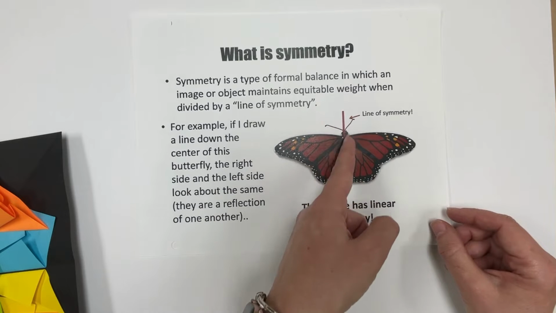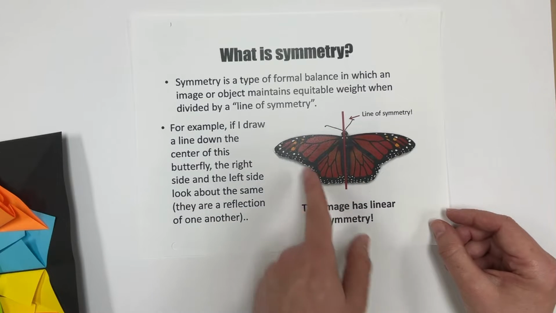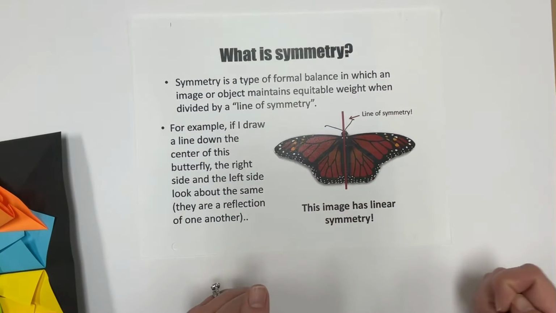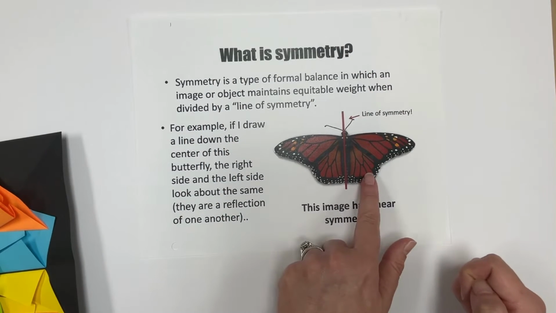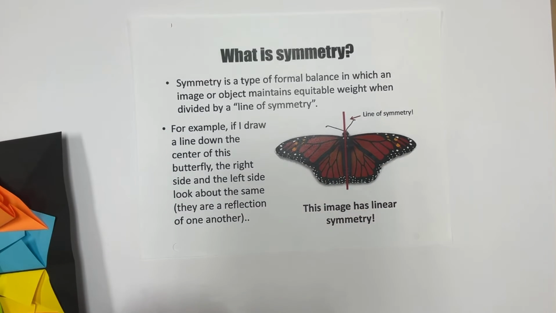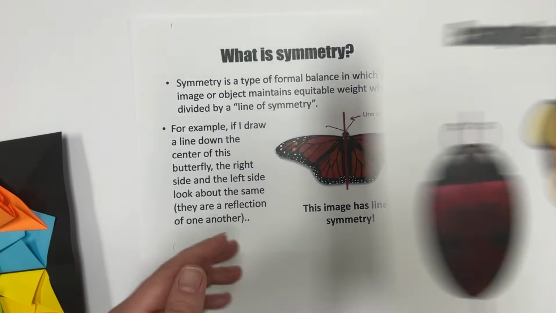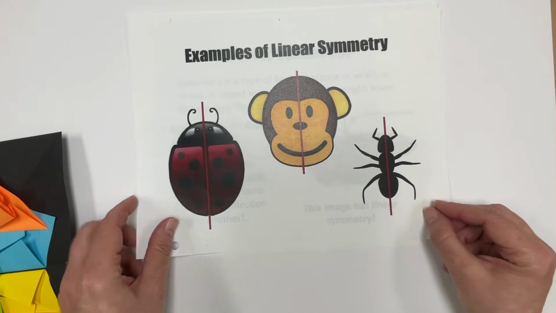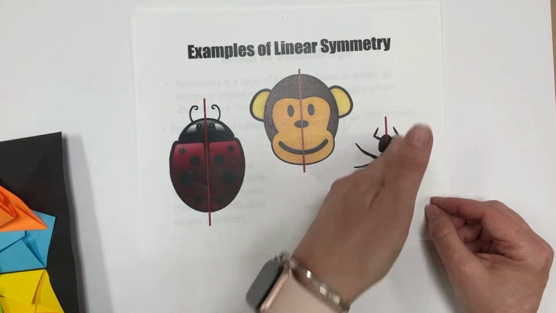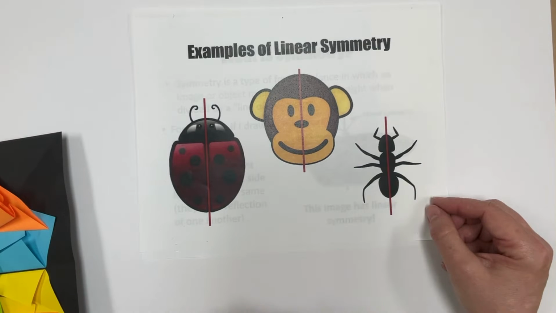If you draw a line straight down the middle of the butterfly, it's the same on both sides. So you can fold it in half and it will be the same on both sides. They're a reflection of one another. That's linear symmetry. Here are a few more examples of linear symmetry. So you see how they have drawn a line in the middle of each of these objects and they are the same on both sides.